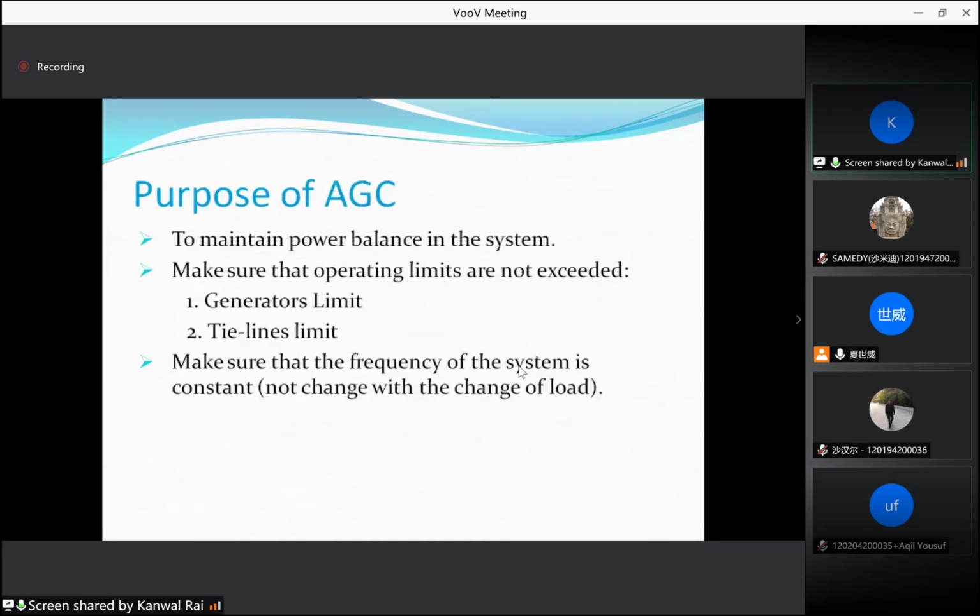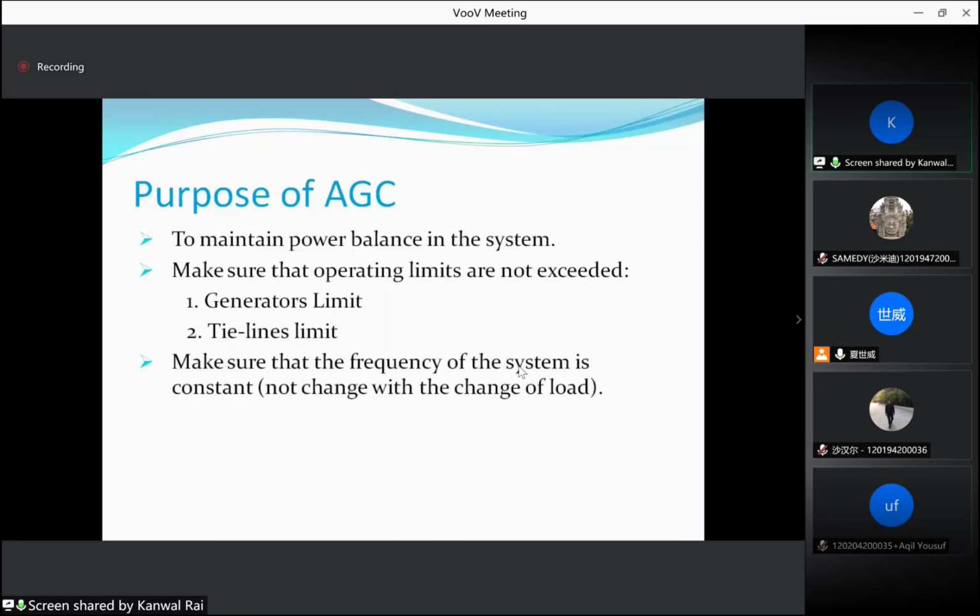The purpose of automatic generation control is to maintain power balance in the system and make sure the operating limits do not exceed the generator limits and tie line limits, and that the frequency of the system stays constant. It means no change with the change of load.